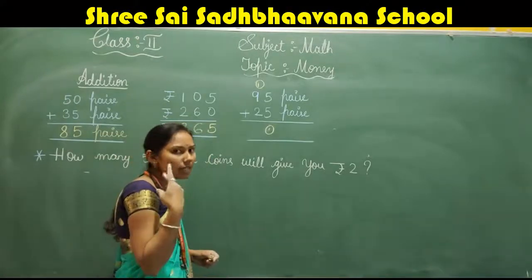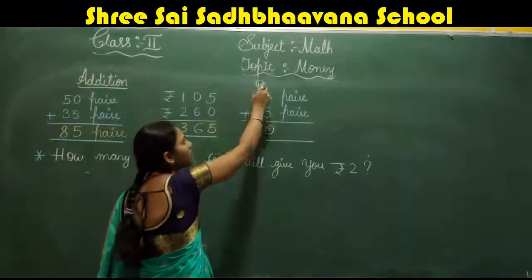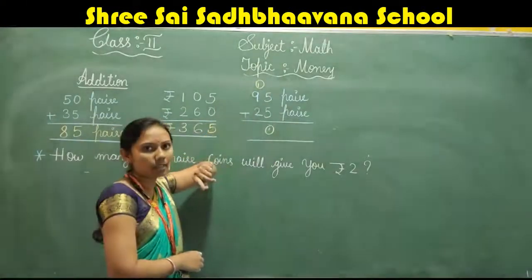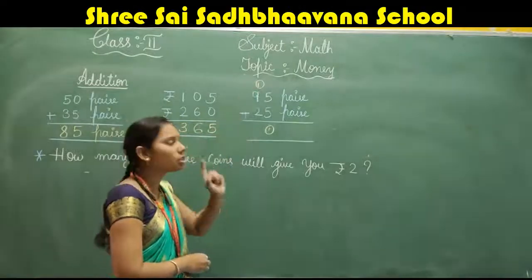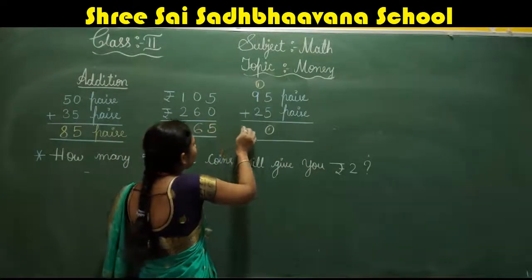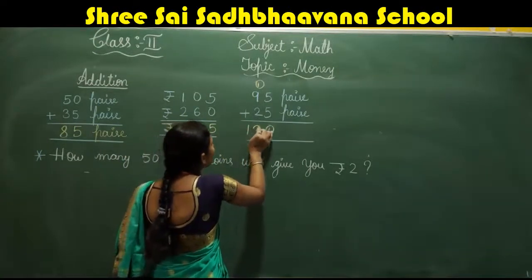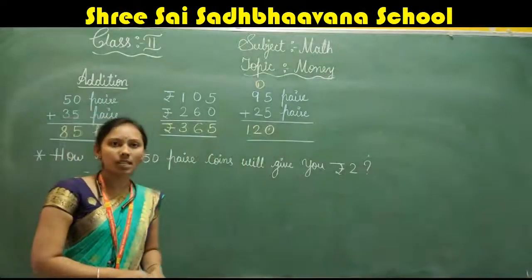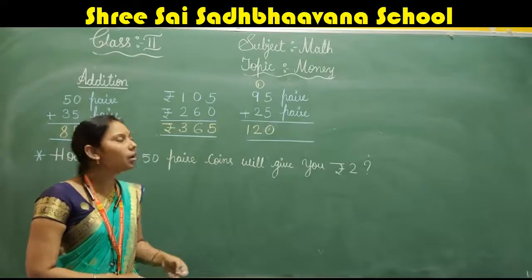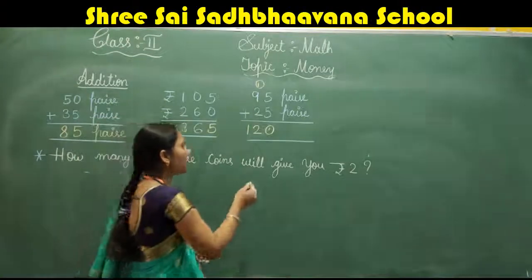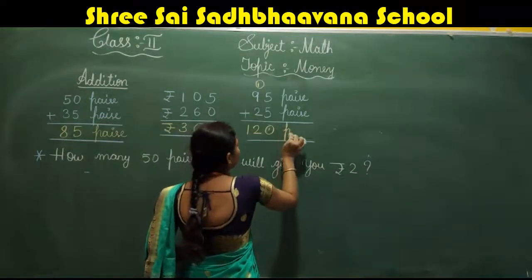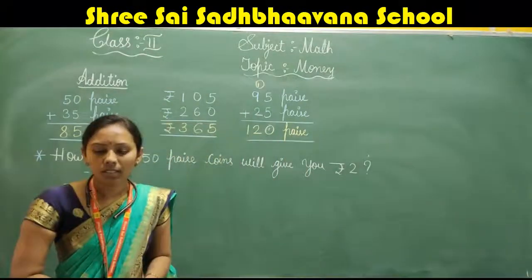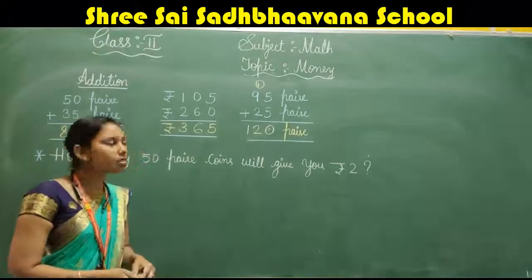After 9, 10, 11. So 11, and we add the carry 1 to that. So 11 plus 1 is 12. So here we will get 120 paise. Right, children? I hope you understood this.